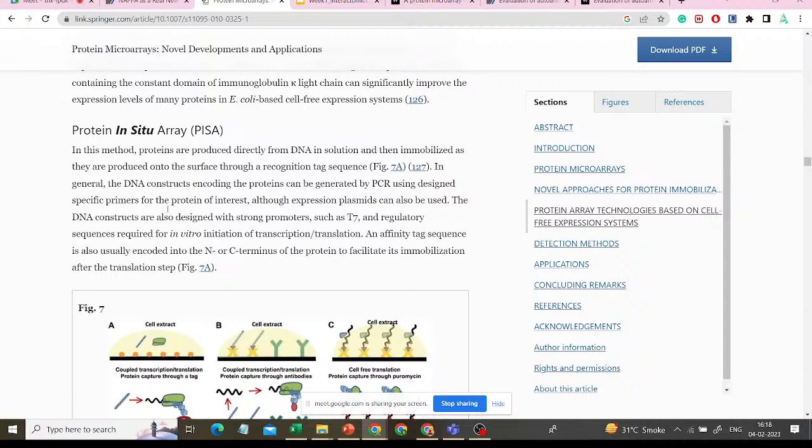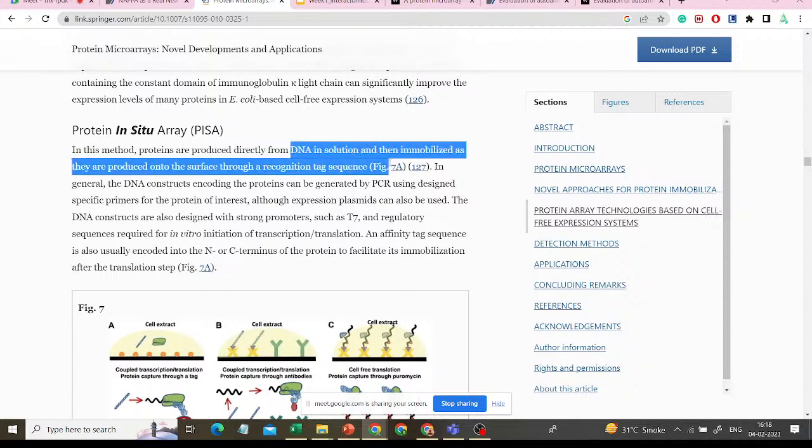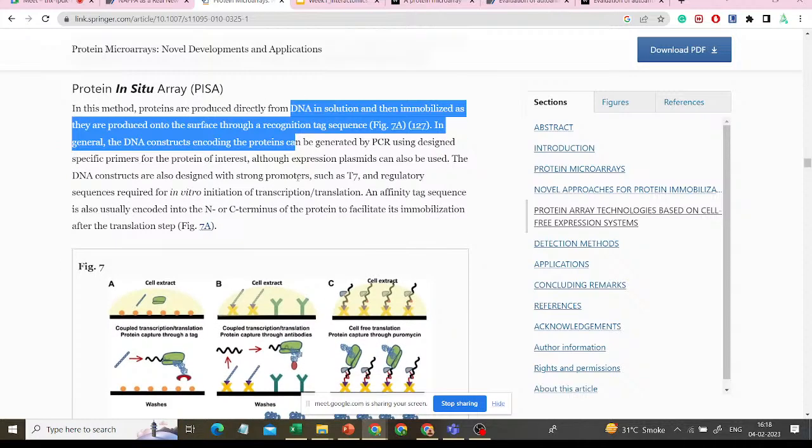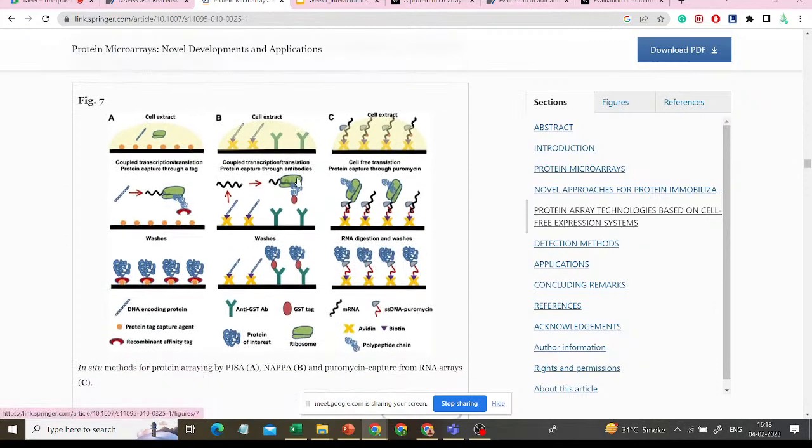Here, proteins are made directly from DNA in solution and immobilized as they are produced on the surface through a recognition tag sequence. Basically, in situ there are PISA and NAPA. Here you can see the cell extract. Protein in situ array is one kind of cell-free expression system.